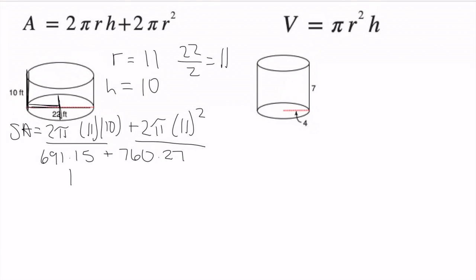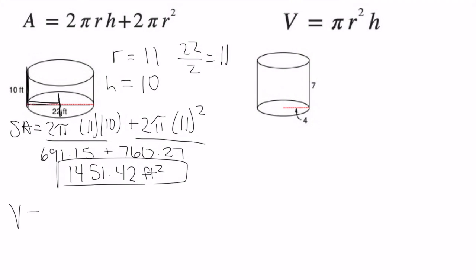Add those together, we get 1,451.42 feet squared. So for our volume, we have pi times our radius of 11 squared times our height of 10. That'll give us a volume of 3,801.33 feet cubed.